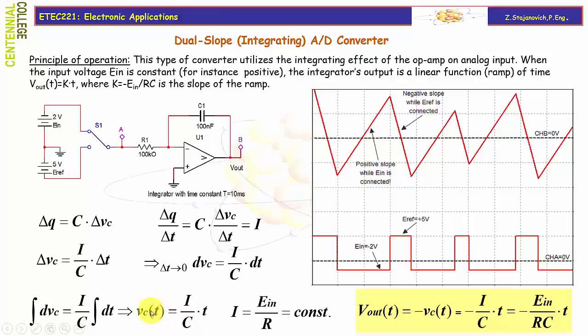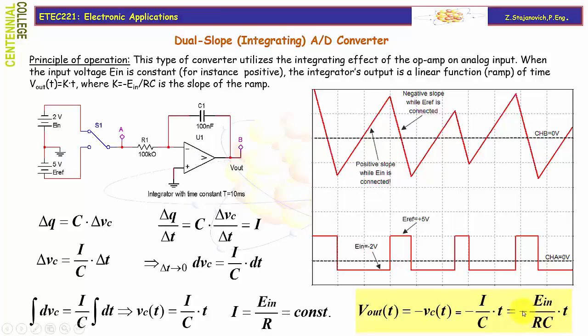Now if you substitute Vc in this expression, and you substitute current using Ohm's law, you will get the final expression: the output voltage of the integrator is proportional to the amplitude of the input signal, considered to be constant for the duration of the conversion, divided by the time constant. The output voltage is a linear function of time with a slope that depends on the current amplitude and time constant.